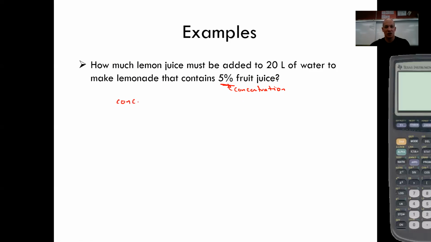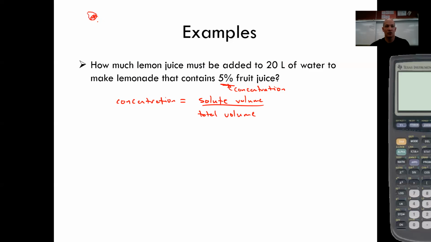So the concentration formula, the concentration of anything is the volume of solute over the total volume. So what a solute is, if you have, okay, oh boy, all right, I'm going to do my best. Here's my lemon. Okay, there's my lemon.